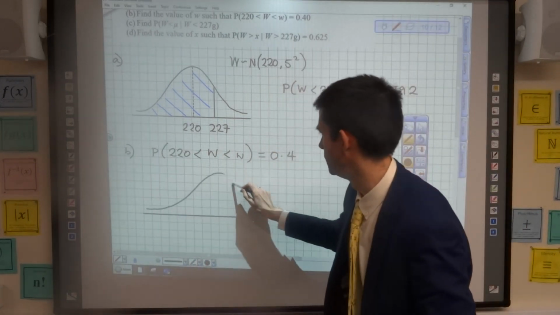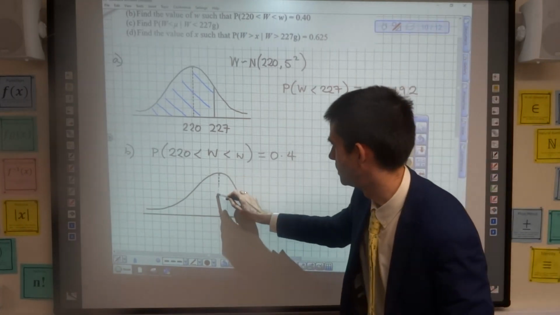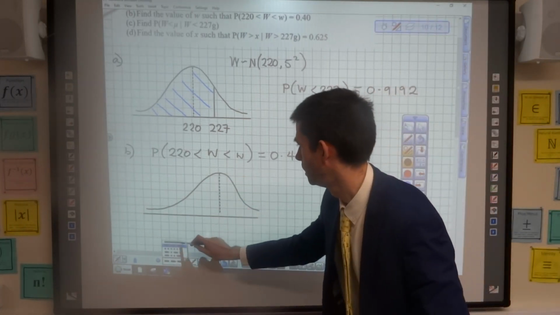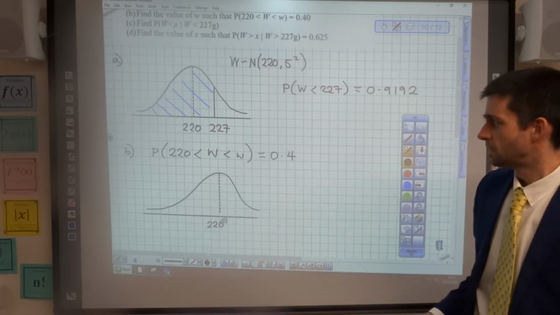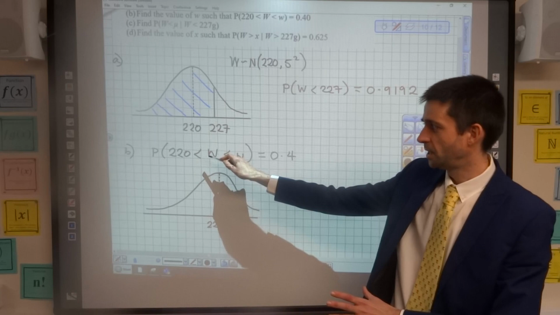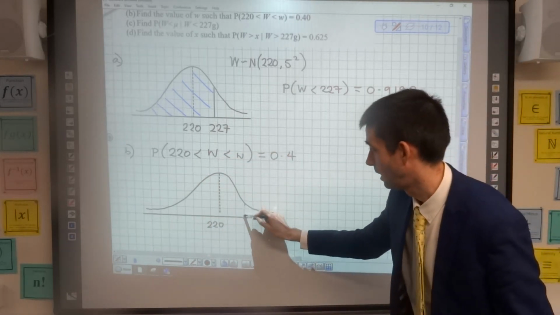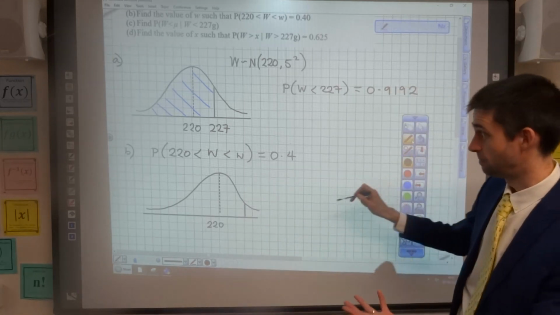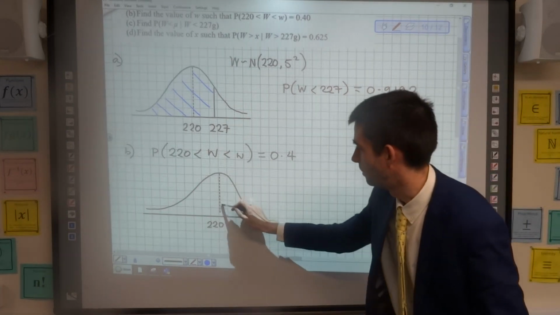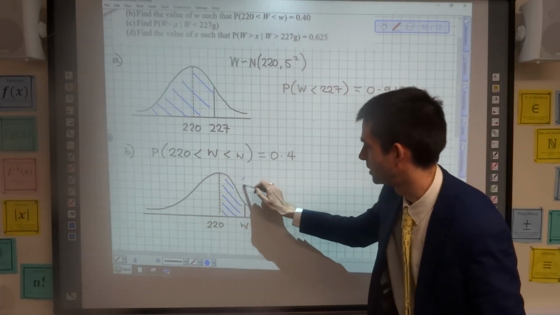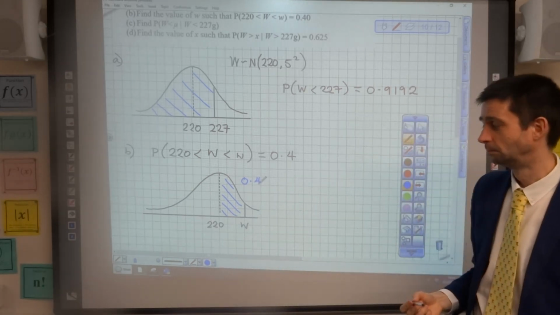So there's the normal distribution curve, and there's my centre line for the mean at 220. Now, the probability that W is between 220 and this value W, so that implies that W here is going to be above 220, so I put W over here, and we're being told that the probability of that happening, so the area of this blue shaded region, is 0.4.